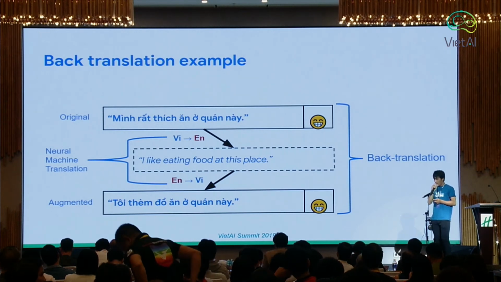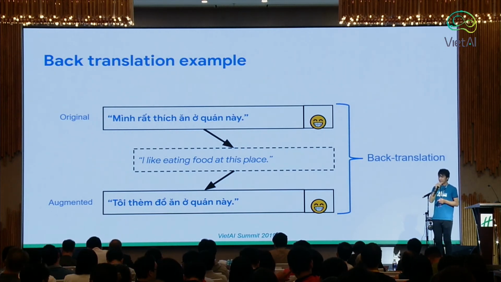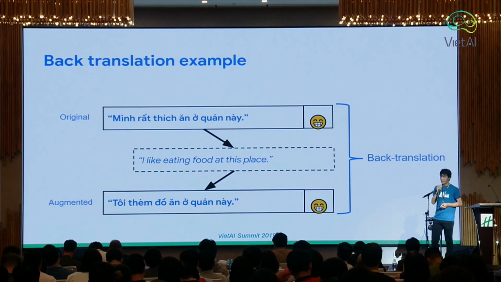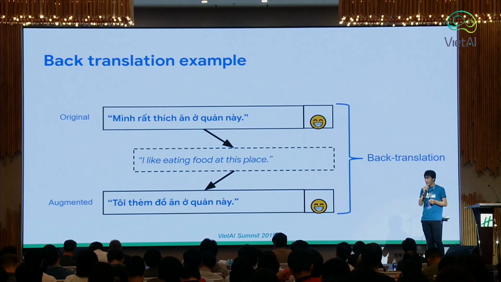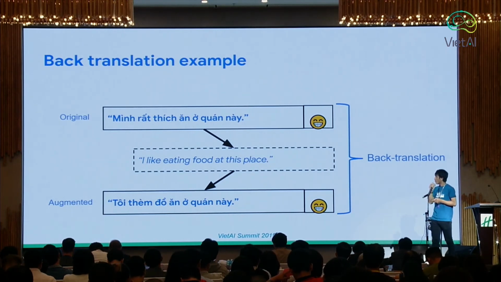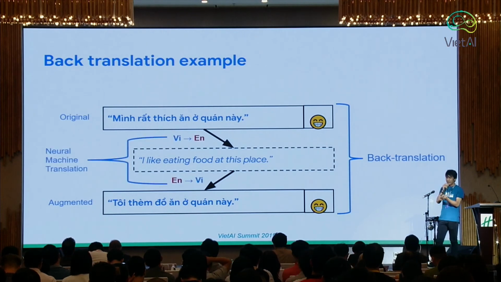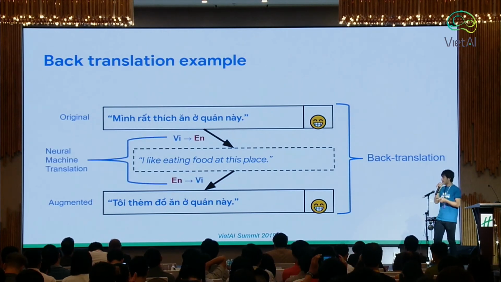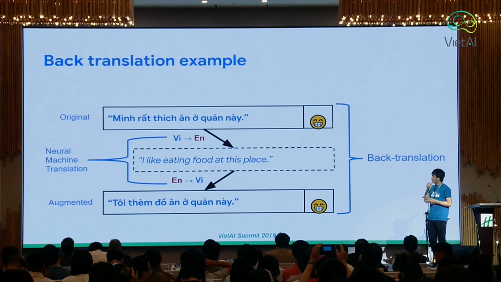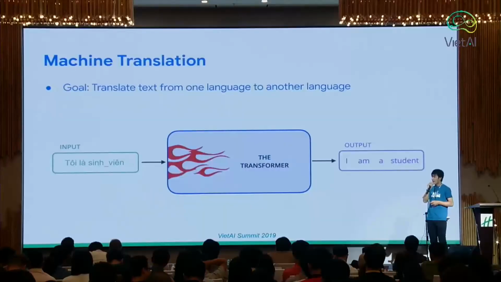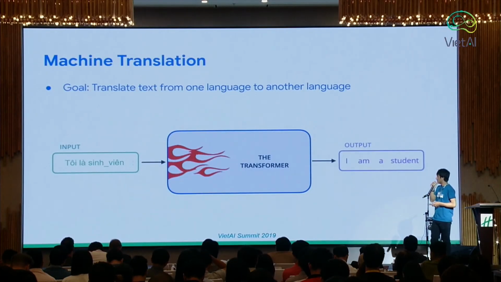Okay, so we understand the process of backtranslation, but the key thing here is that we need to train two translation models for translation from Vietnamese to English and from English to Vietnamese. And for the machine translation task, we make use of the transformer, which is the current state of the art architecture in machine translation.